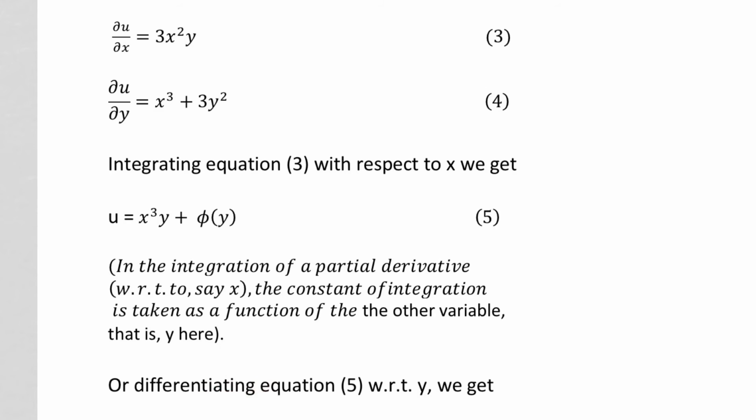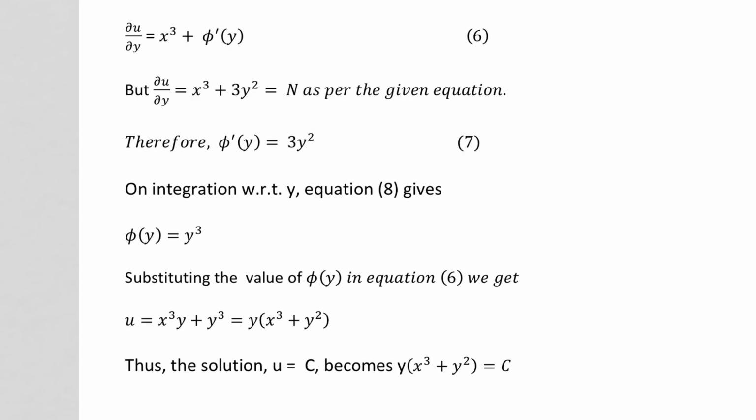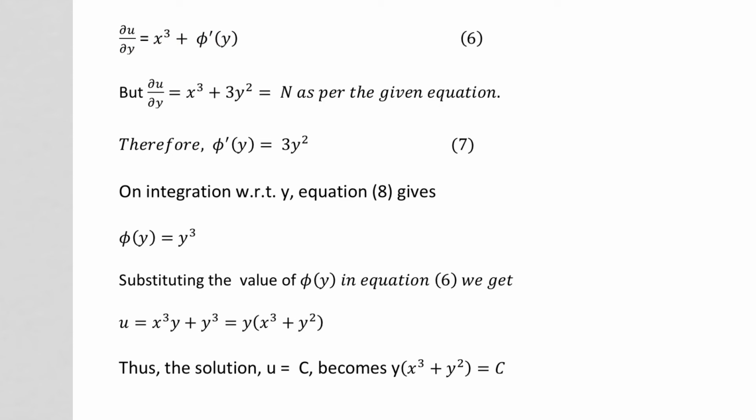Differentiating equation 5 with respect to y, we get partial u by partial y is equal to x cube plus phi dash y. But partial u by partial y is equal to x cube plus 3y square, which is equal to N as per the given equation. Therefore, we get phi dash y is equal to 3y square.